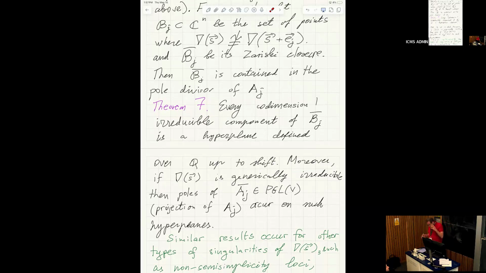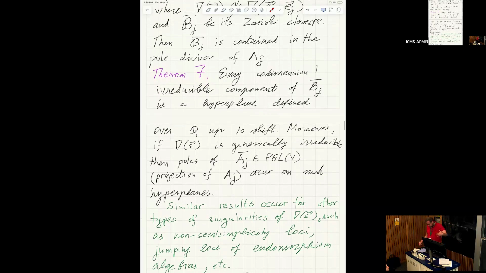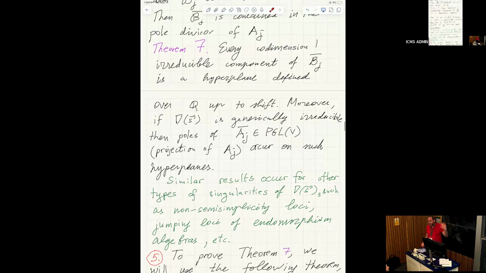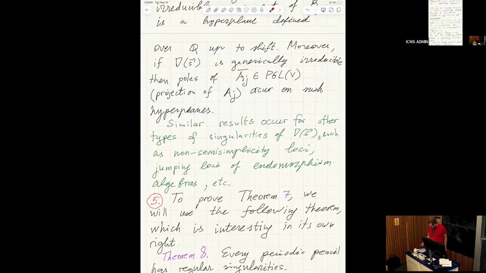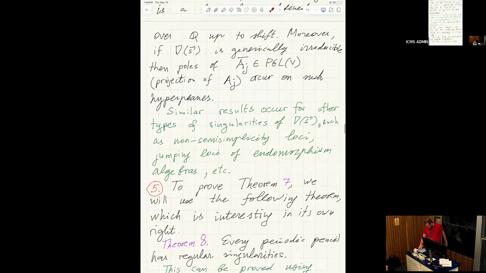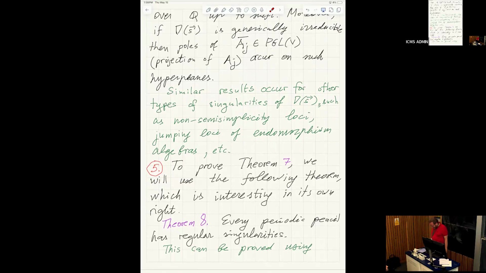And one can prove similar results for other types of singularities, such as loci where this connection is not semi-simple, loci where endomorphism algebras jump, become bigger, and so on. So I will explain the proof of this theorem because it is kind of cool and simple. Well, it follows from something that's not so simple, but I will just state it.